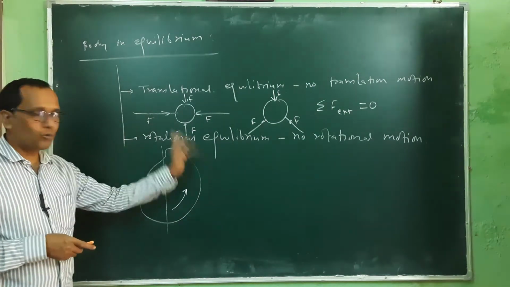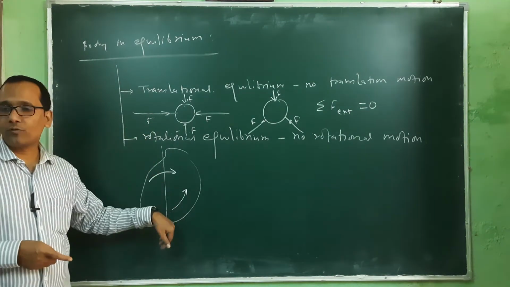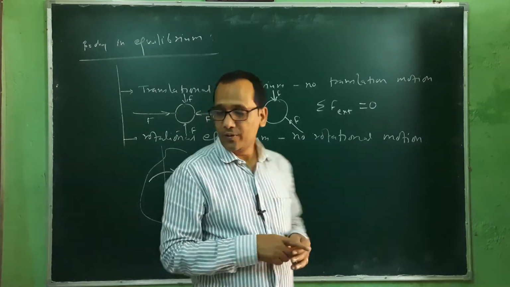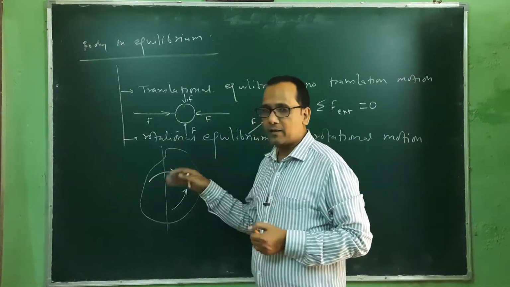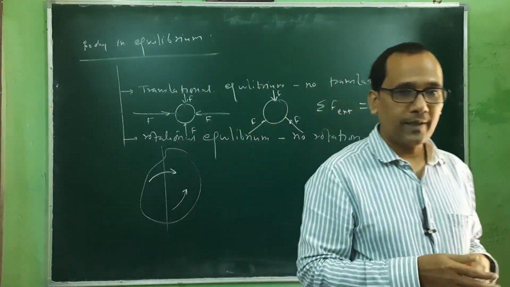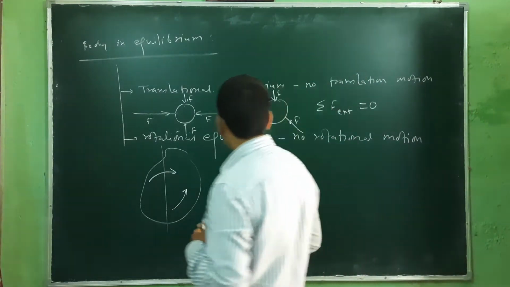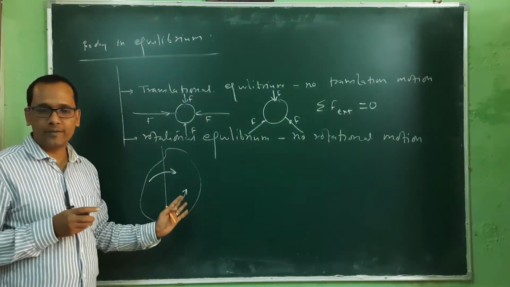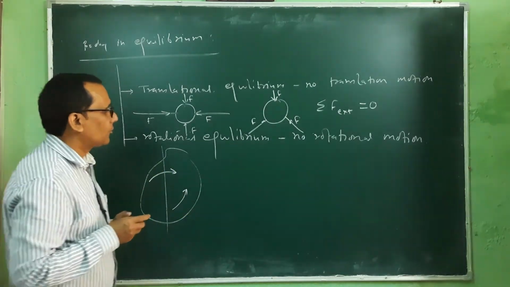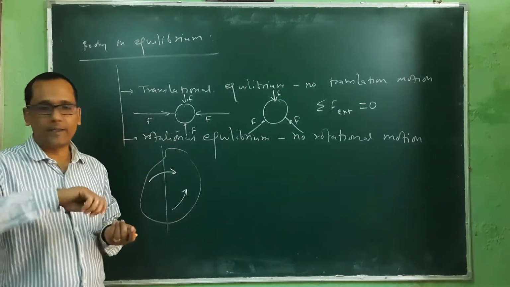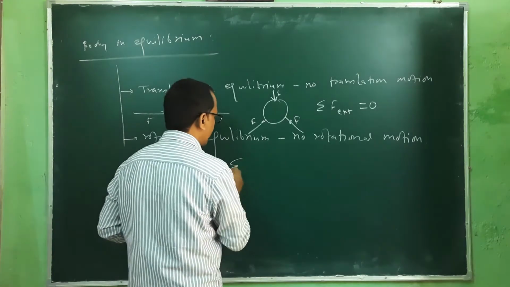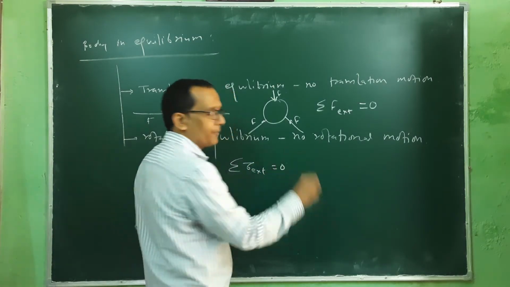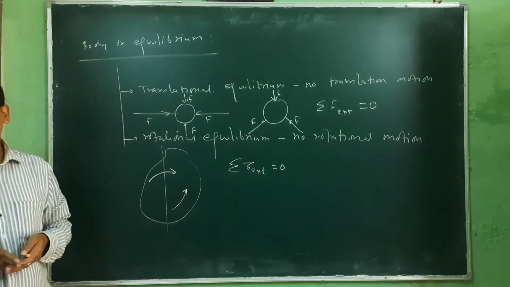If the total external torque on that particular body is zero, or the vector sum of all these torques is balanced, this is zero, then that is known as rotational equilibrium, and there will be no rotation of that body. So one can write the summation of tau external is zero, then this is in rotational equilibrium.